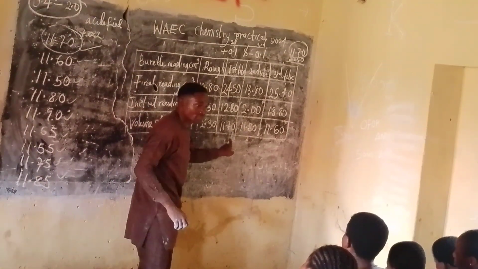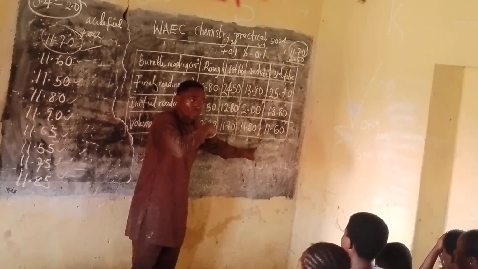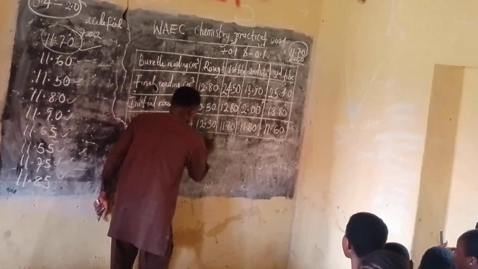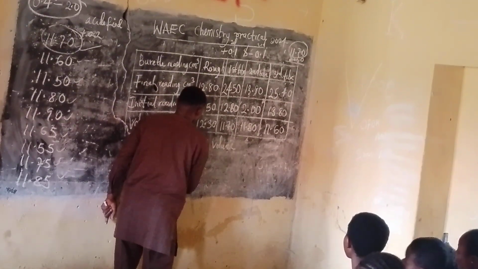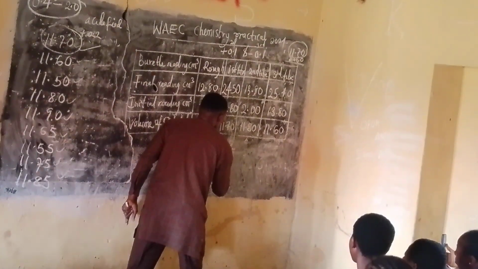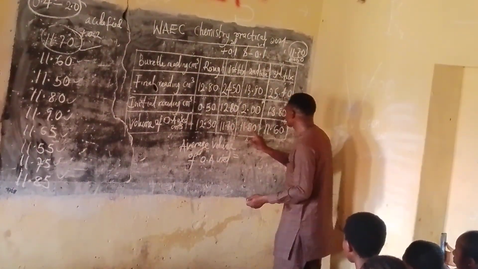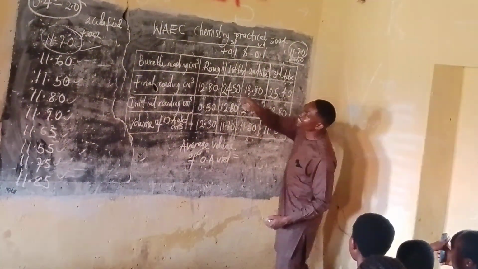Because here now, you will see why I said follow this principle. By the time you add the average volume of the oxidizing agent used, you will use these three values 1, 2, 3, add them, divided by 3. It will give you exactly this value.